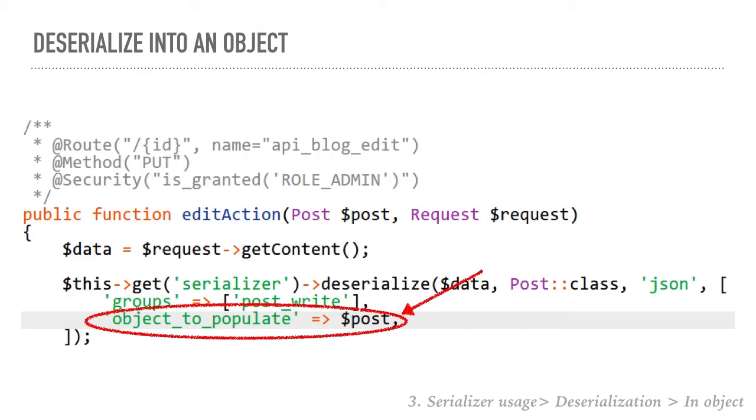And again, I'm in the array of context. So the special key in my array called object to populate is reserved by the component and says, OK, get all the information you have when deserialized and put that in that object. Okay? That way, it's really quick to develop.